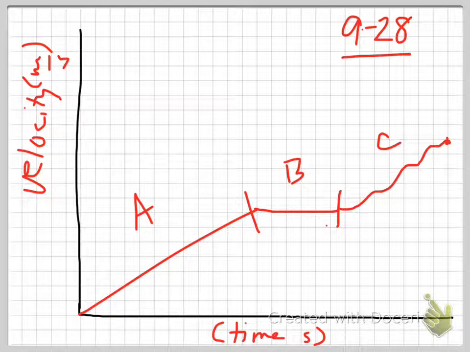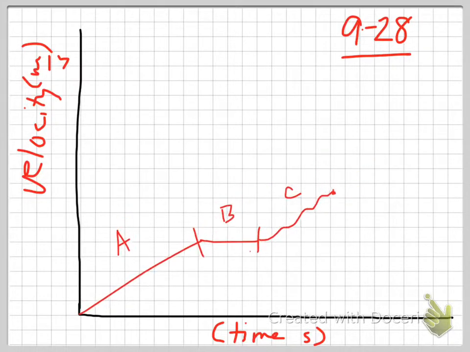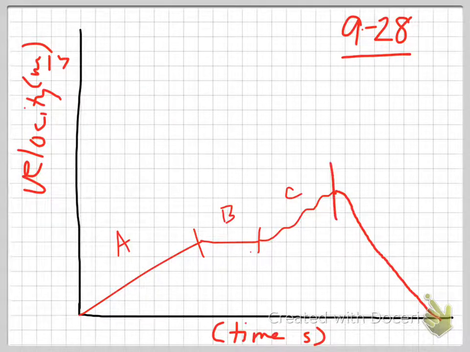Okay, now let's take this same object and do this. So, in portion D of this line, is velocity constant? No, it's changing. Is acceleration constant?